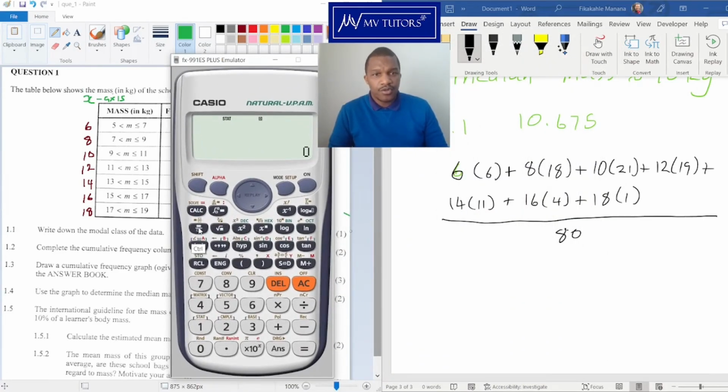So then we'll put the fraction. First of all, we need to go back to the normal mode, which is COMP, number 1, and then we can put it in.